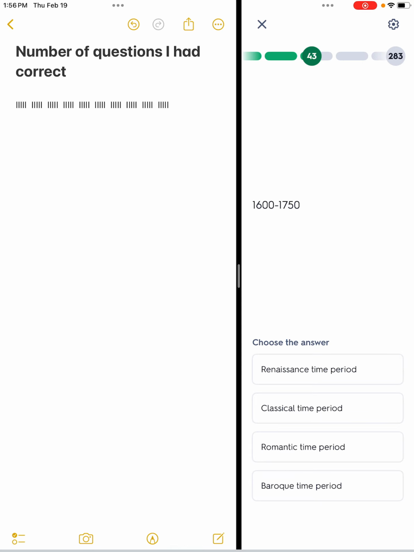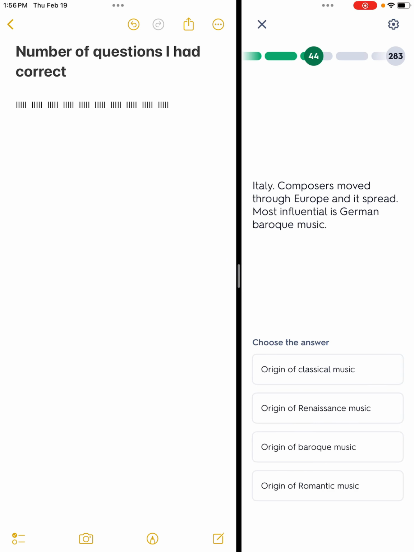1600s to 1750s. That is called the Baroque. Italy. Composers moved through Europe. It spread to most of Europe. Italy. Baroque.